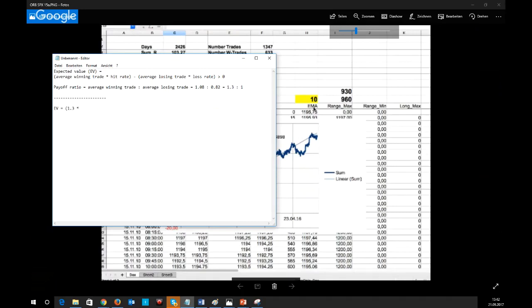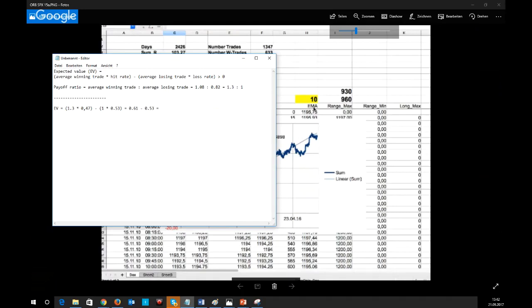You multiply this with 47%, and then you just subtract 1 multiplied with 53%. And at the end, you'll get nearly 8 cents per euro you risk. So it's this one, and then you multiply it, obviously, by 3.